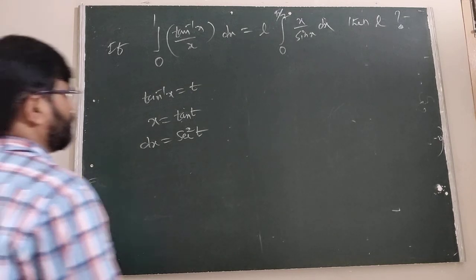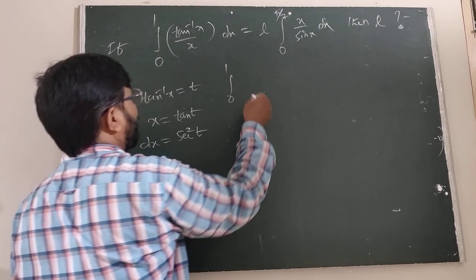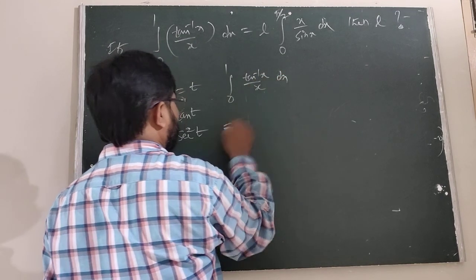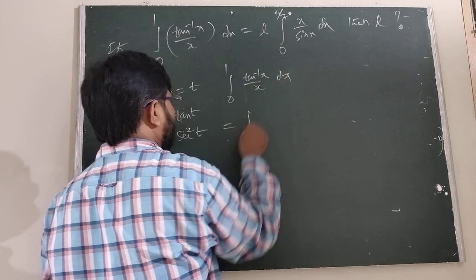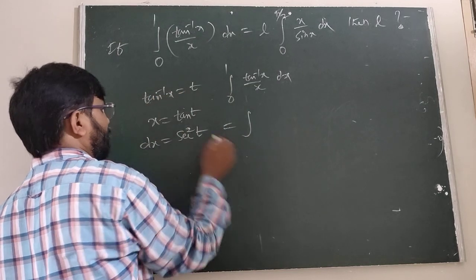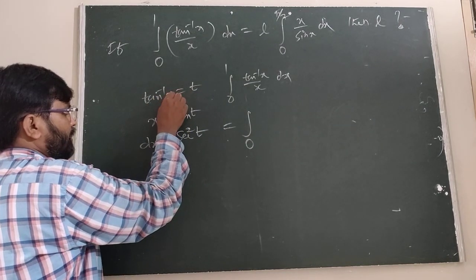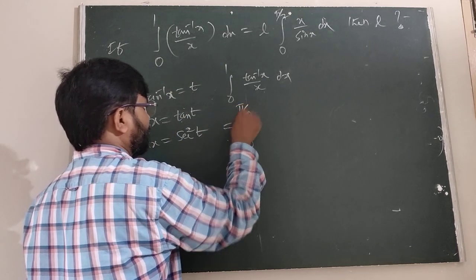Therefore now the integral 0 to 1 tan inverse of x by x dx equals, everybody listen here, when we take x equal to 0, tan 0 is 0. When we put x equal to 1, 1 is the value of tan 45.